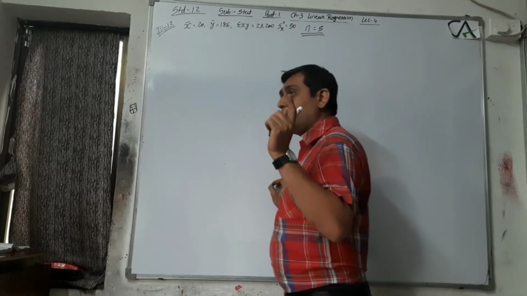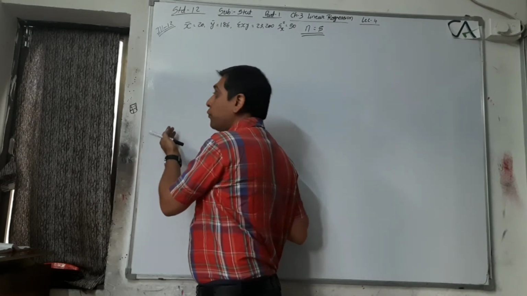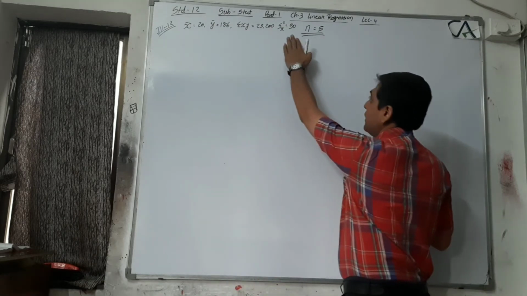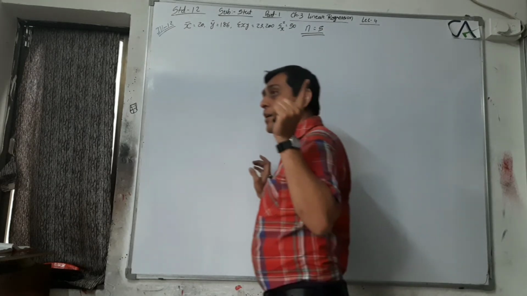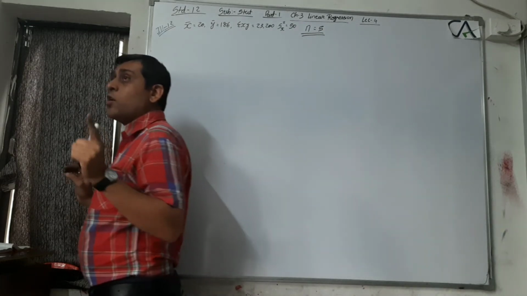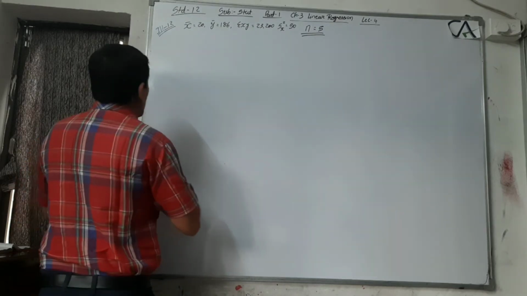But for that there are two parts, 1 and 2. If sx square is given, we have to use the formula number 1. But in part 1 of formula number 1, covariance of xy upon sx square is the main formula.